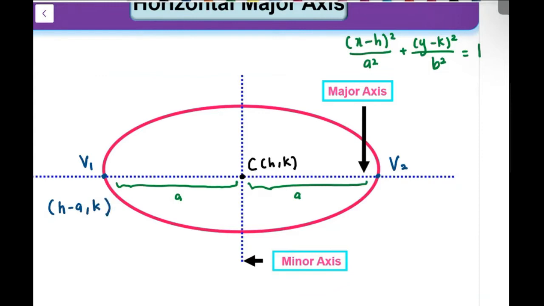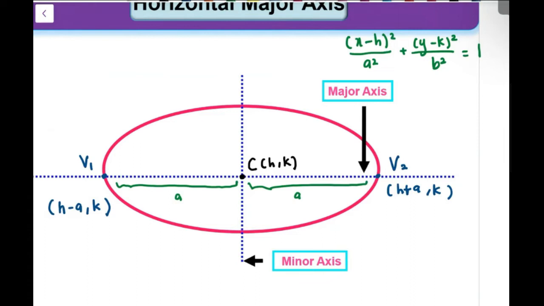That is the coordinate for V1. For V2, it moves to the right, so h increases by a. That's why we have (h plus a, k).